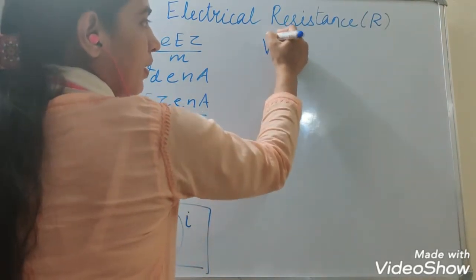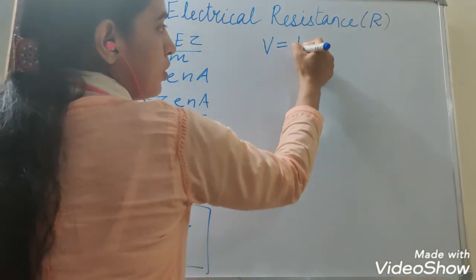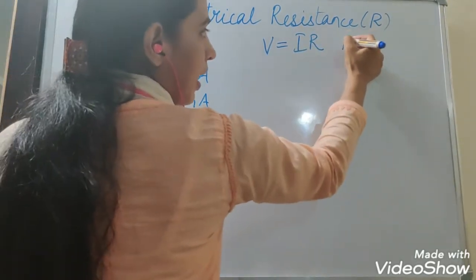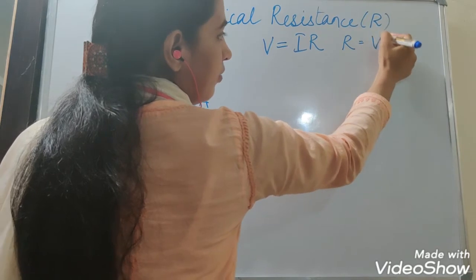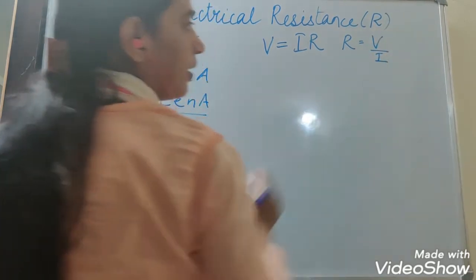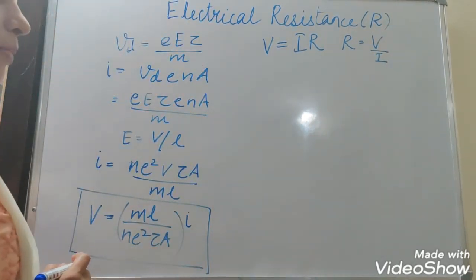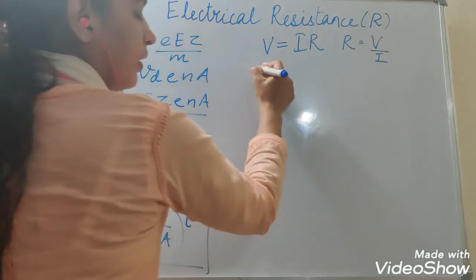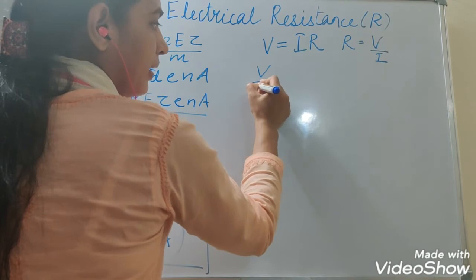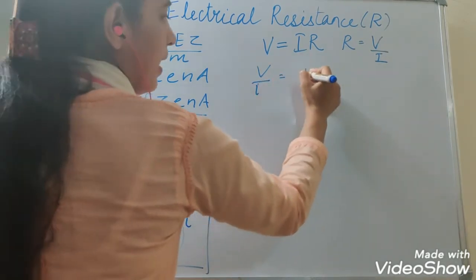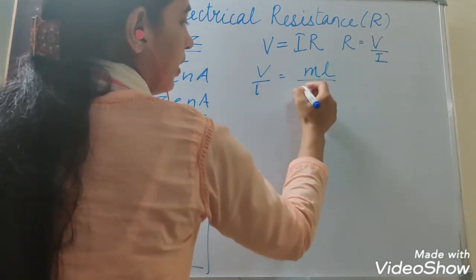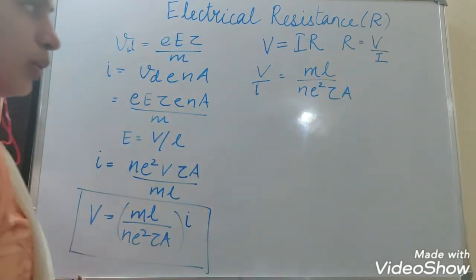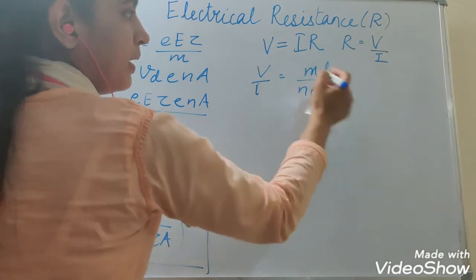We have learned in Ohm's law in 10th class that V is equal to IR. So R can be written as V by I, right? R can be written as V by I. So bringing this I over here, V by I is equal to ml upon n E square tau A. Okay, so what does this become?